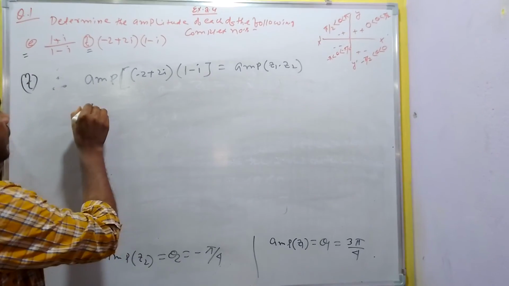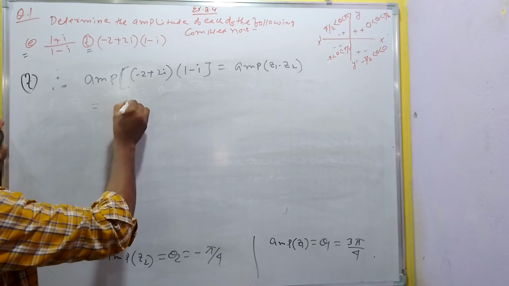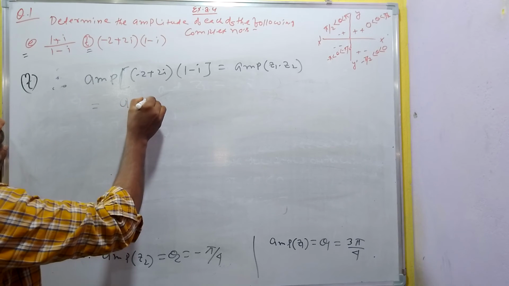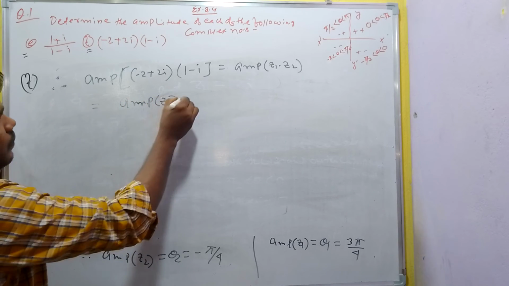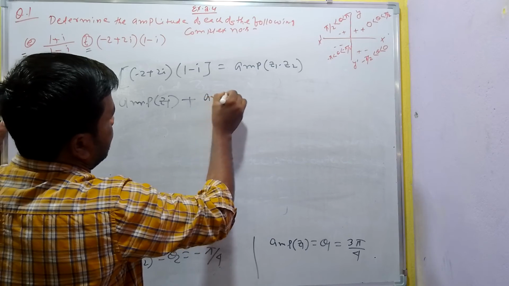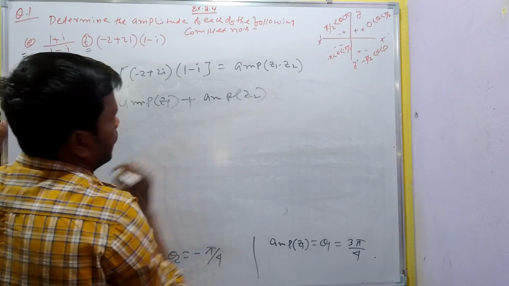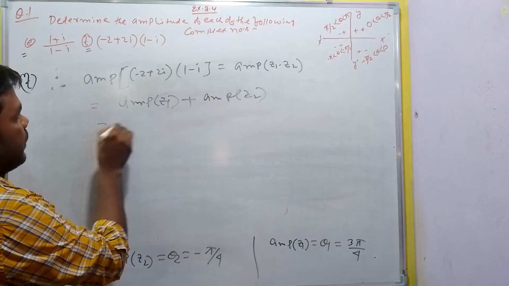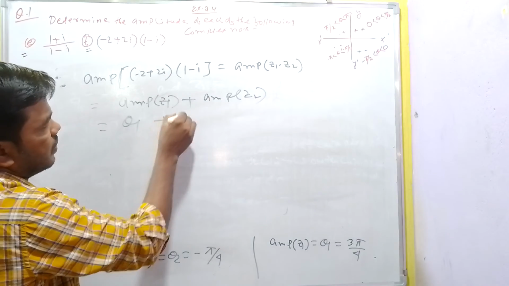Now putting the value, amplitude Z1 plus amplitude Z2, that means theta 1 plus theta 2.